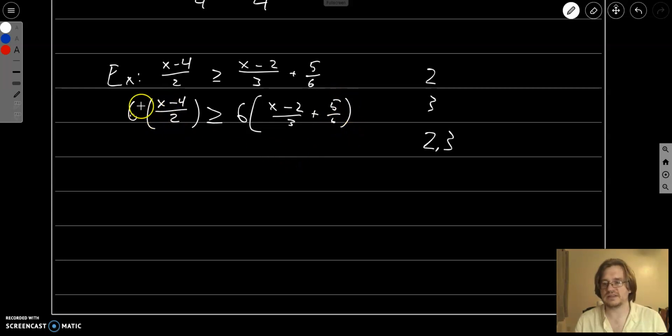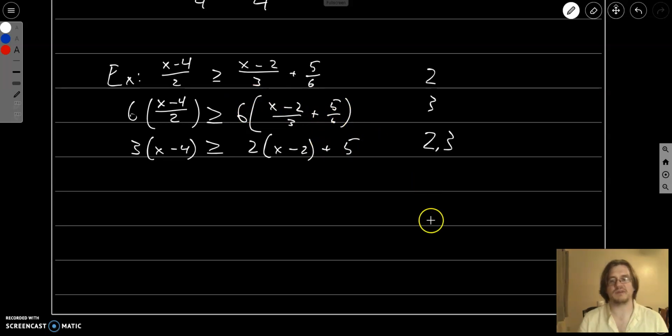On this side, the 6 and the 2 will cancel to just give me 3 times x minus 4. On this side, if I distribute, the 6 and the 3 will cancel to give me 2 times x minus 2. And then the 6 over here and that 6 will cancel to just give me 5.